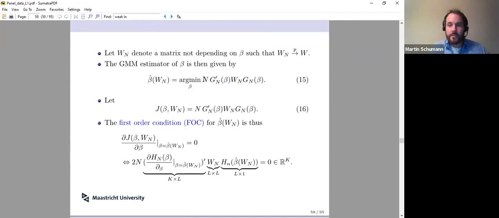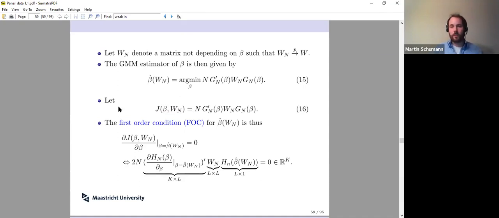There is an additional factor of n, which looks surprising, but this is actually meant to be there, and we will see why later on. All this stuff we define to be J of beta, W_n.